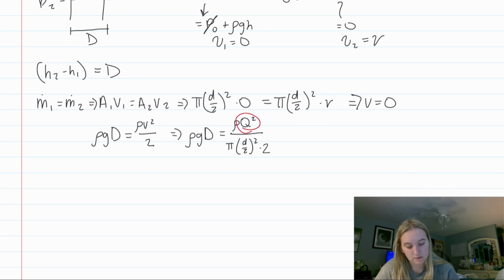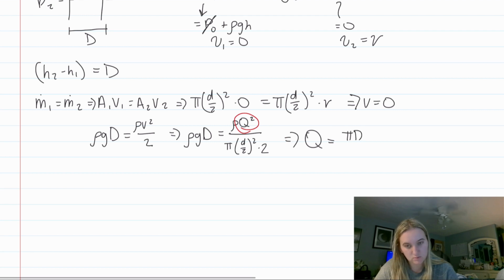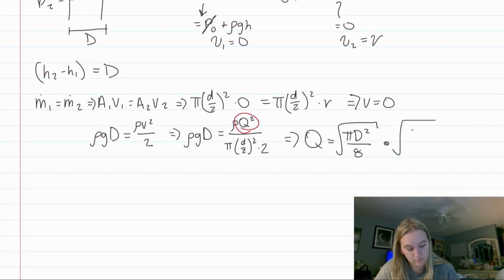And then solving this in terms of q, we are going to get that q is equivalent to pi d squared over 8 times the square root of 2gh over 1 over n minus 1.